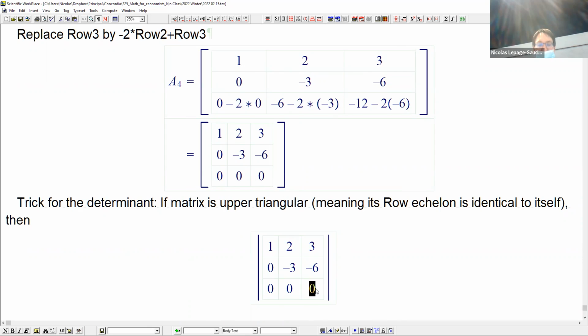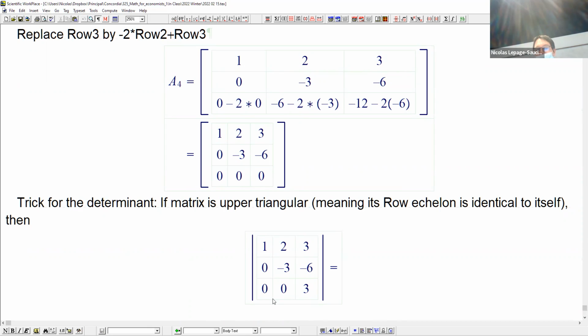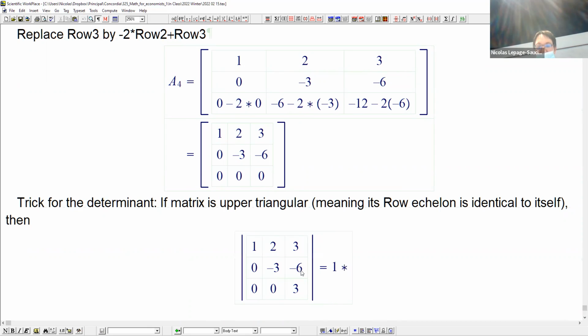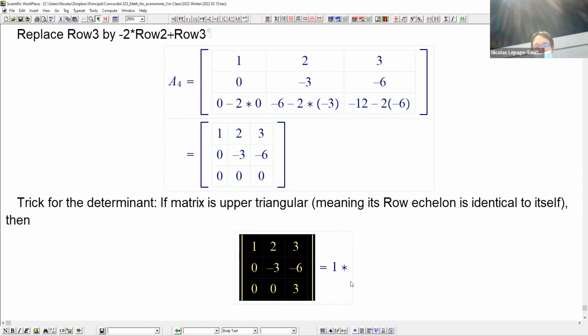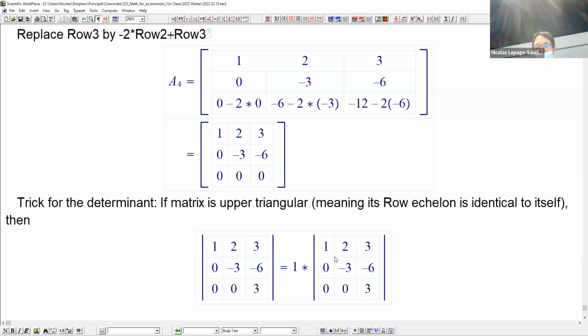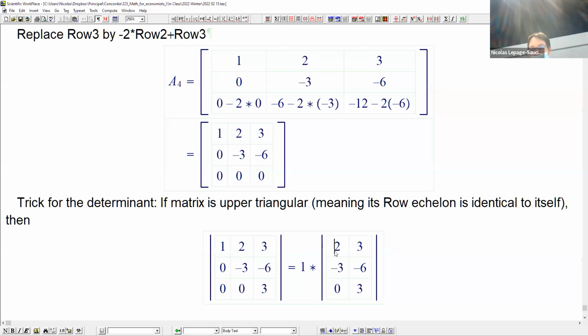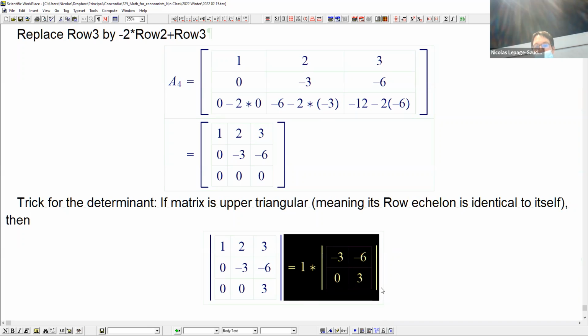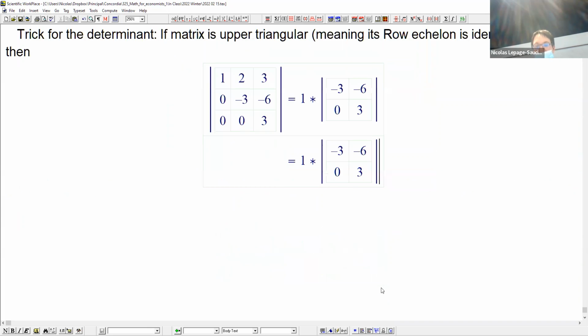So if I have this and I'm computing the determinant, let's take the first column. So it would be 1 times the determinant of this smaller matrix there. And what is the determinant of this matrix there?